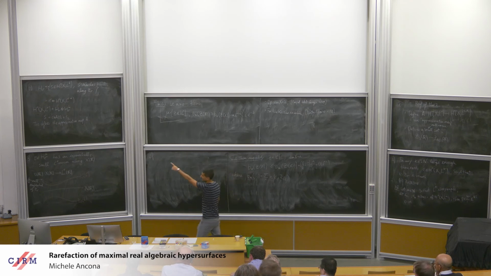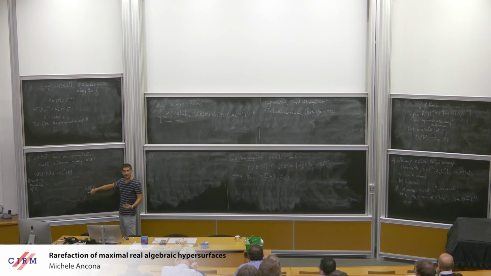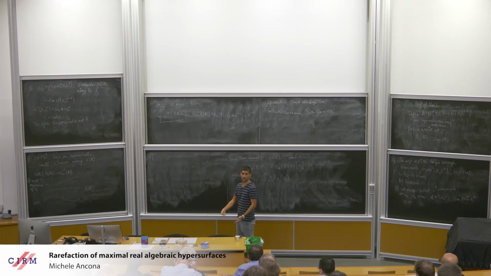Then what's happening is that the section of the form S orthogonal has exponentially small C1 norm along X of R. So along X of R, S and sigma tensor A of S are small C1 perturbations of each other.